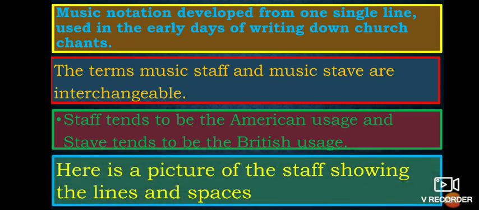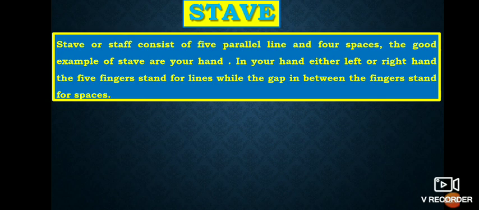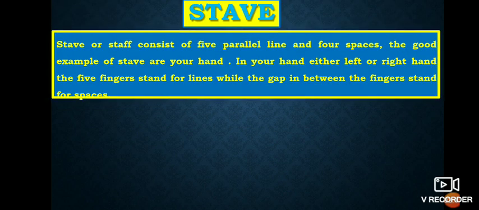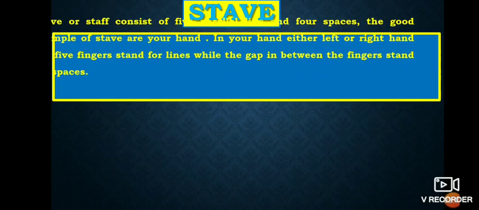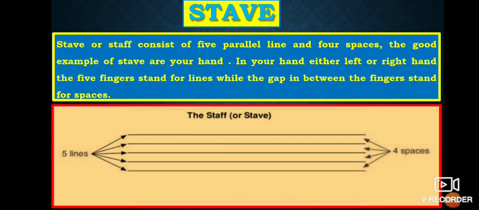Here is a picture showing lines and spaces. The lines and spaces, that is what we call stave or staff. The stave or the staff consists of 5 parallel lines and 4 spaces.